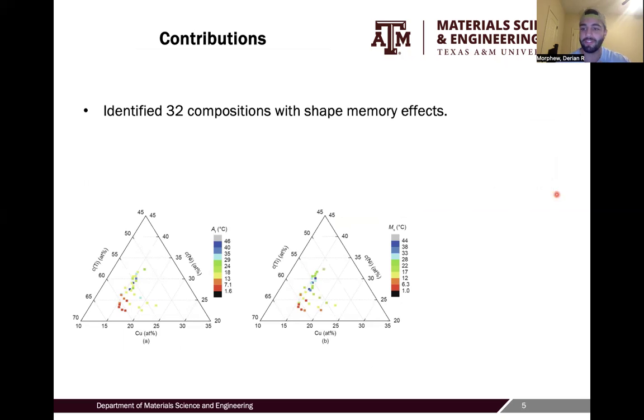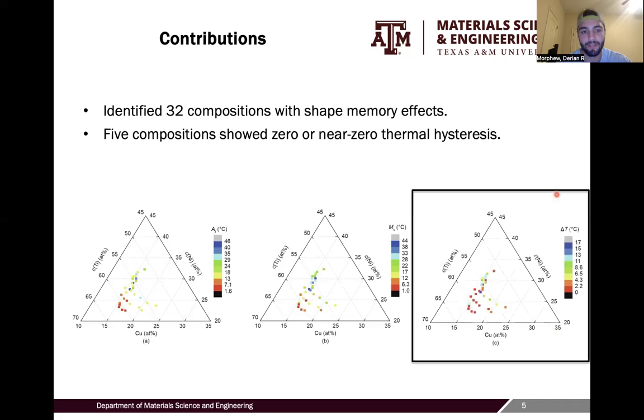And instead of synthesizing one film and then making another film at a different composition and slowly testing this, by using their magnetron co-sputtering technique to create that gradient of compositions and identify each composition, they were able to identify 32 compositions with shape memory effects. Being a high throughput paper, this meant they were able to do this quickly compared to other techniques.